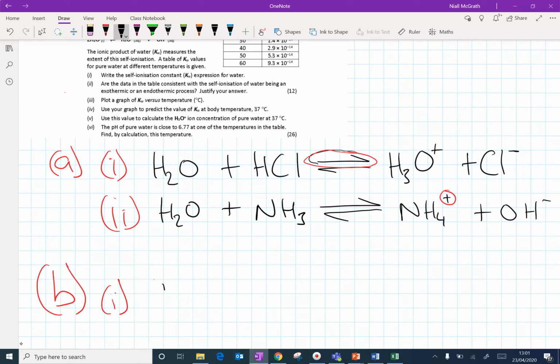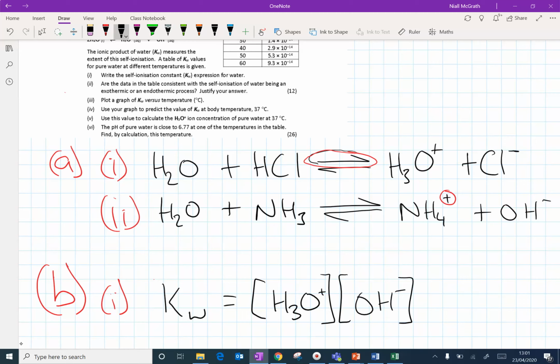Okay, so there we can have Kw is equal to the concentration of H3O plus, and it's important that in brackets, it's squared. If it's not squared, you lose 3 marks. And OH minus. Okay, that would be according to the equation they give there in the question.